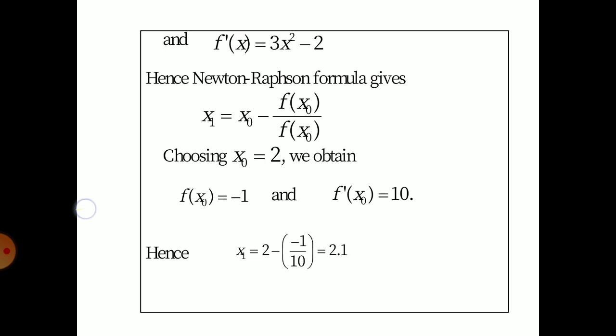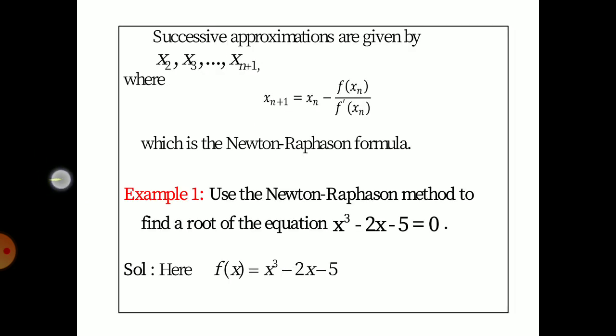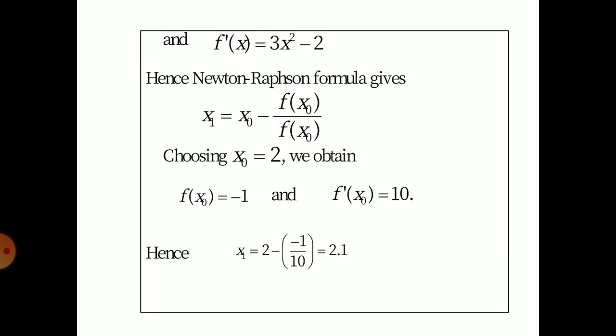In a similar manner, you can find the second approximate root, that is x2. x2 is given by x1 minus f of x1 divided by f dash of x1. The value of x1 is known to you, that is 2.1. Put x equals 2.1 in this equation and simplify.